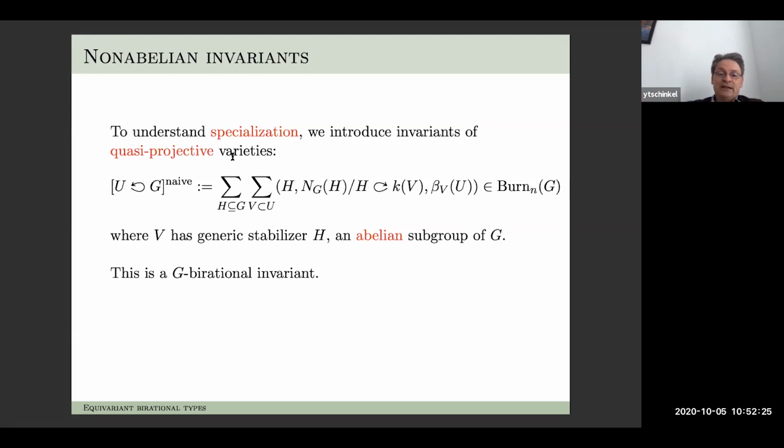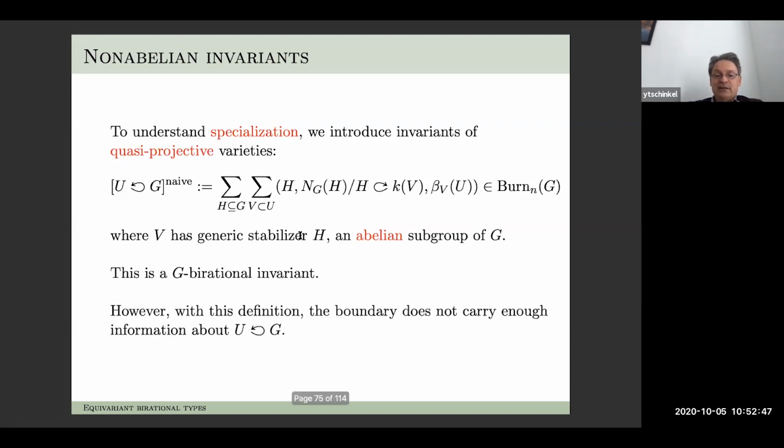And so, well, we introduce invariants of quasi-projective varieties, where the naive invariant is just the same. You simply look at strata which are in U with generic stabilizer H and record those things. So again, it's a G birational invariant. However, with this definition, the boundary does not carry enough information about the open piece and the action of G on the open piece.